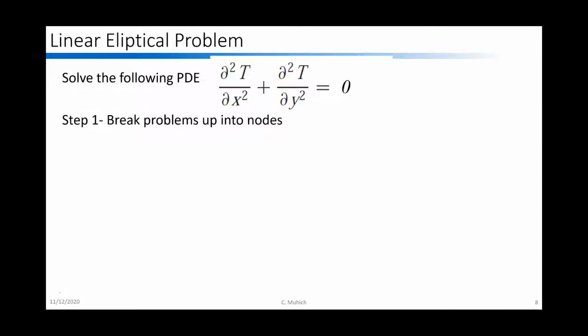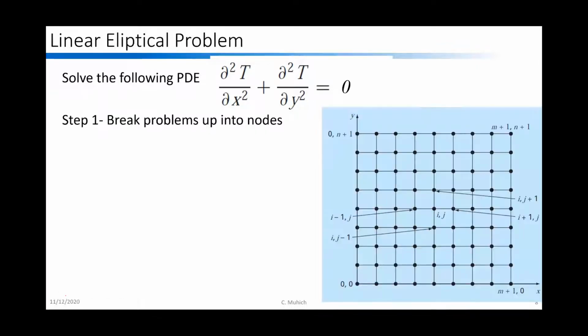So the first thing that we need to do is break our problem up into nodes. I've drawn over here an x-axis and a y-axis. And then what we're going to do, just like we did before, is put a whole bunch of nodes along the x-axis, and then we're going to repeat them up along the y-axis.